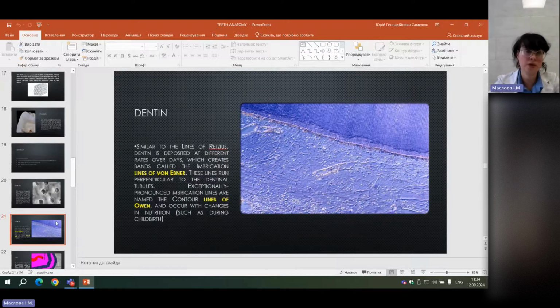Please look at the screen and the slide. It is a real photo of dentine received from a microscope after microscopic investigation of this structure.